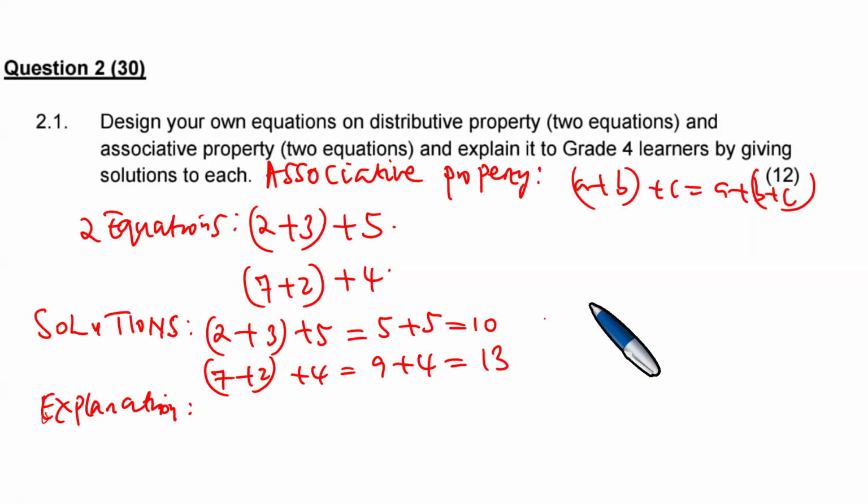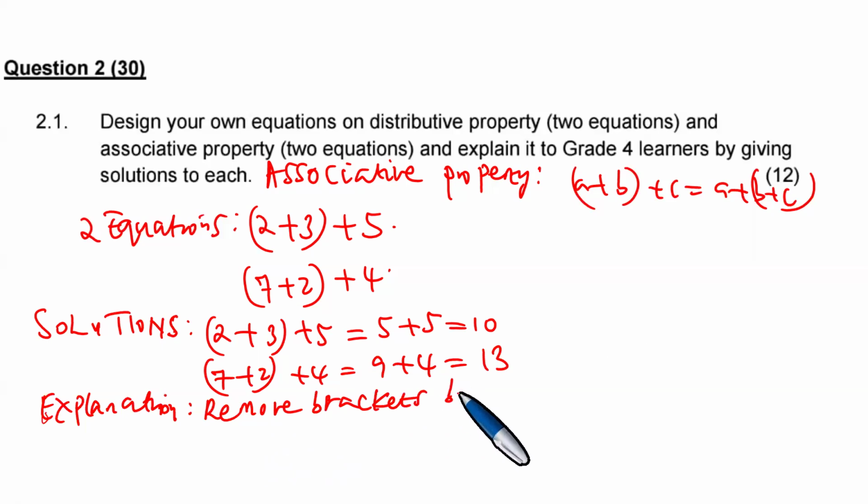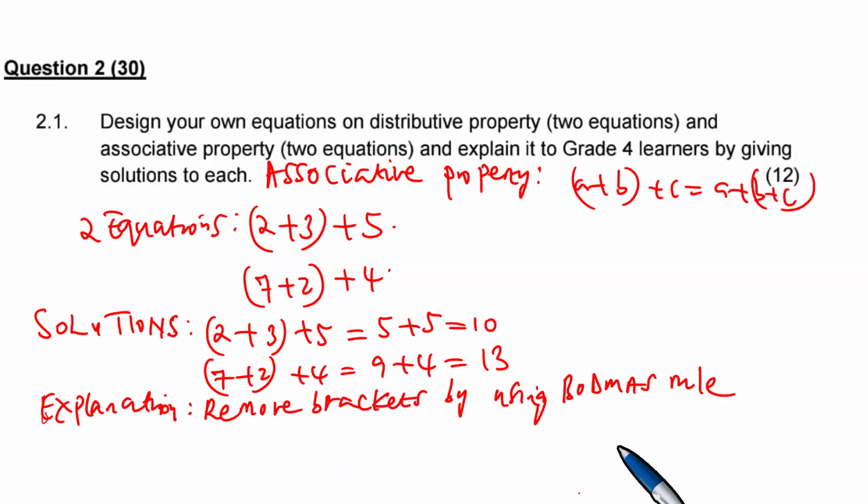So what this means is that the explanation is just to say: remove brackets by using BODMAS rule. Okay, remove brackets by using what? BODMAS rule. And then, okay, let's write a standard end.